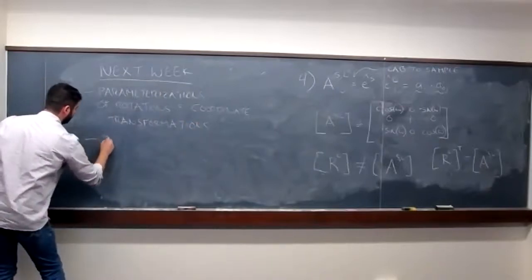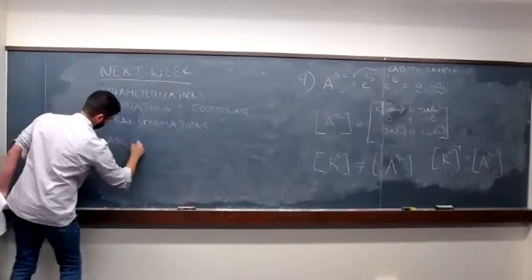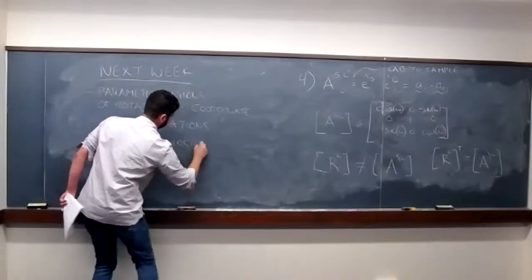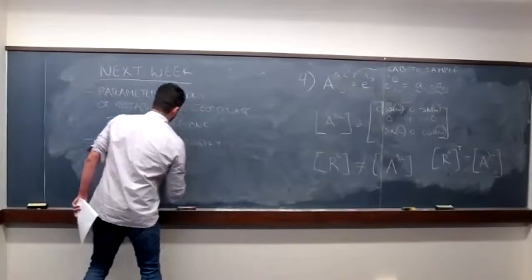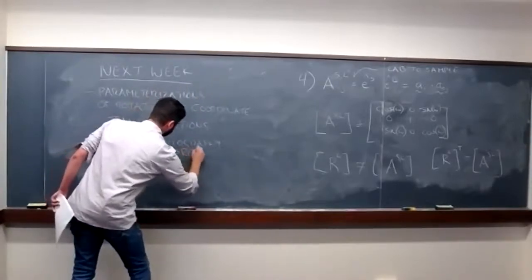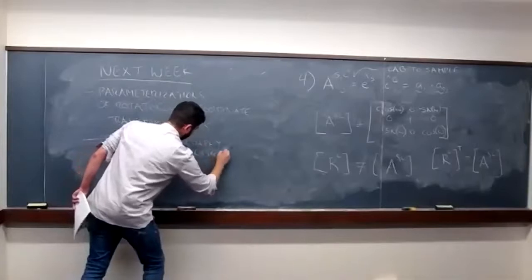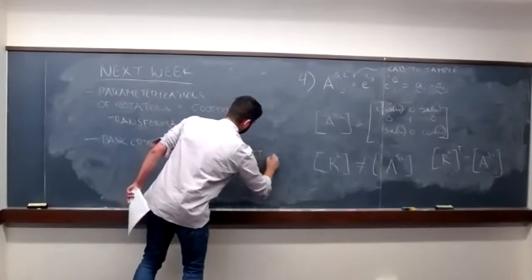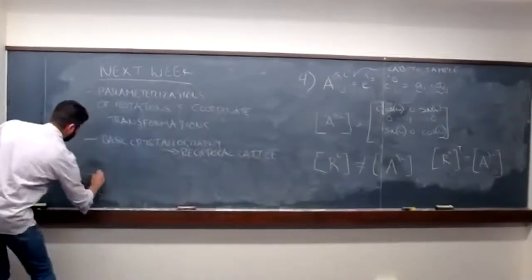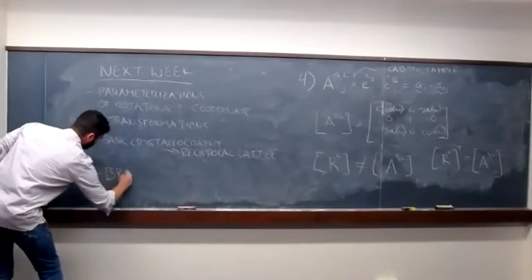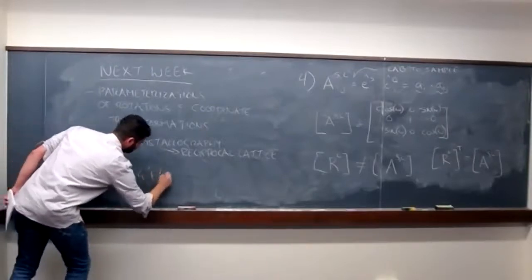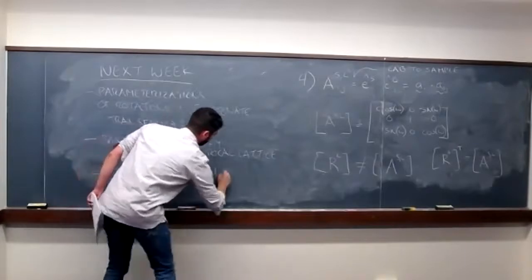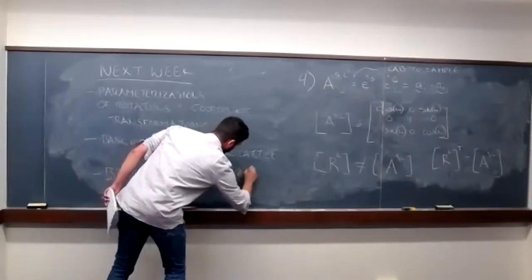We're going to do some basic crystallography, and we're also going to talk about the reciprocal lattice with that. That's going to be the last part of our tool kit. Then we're going to talk about Bragg's law and diffraction. So we're going to get down to business by the end of lecture next week.